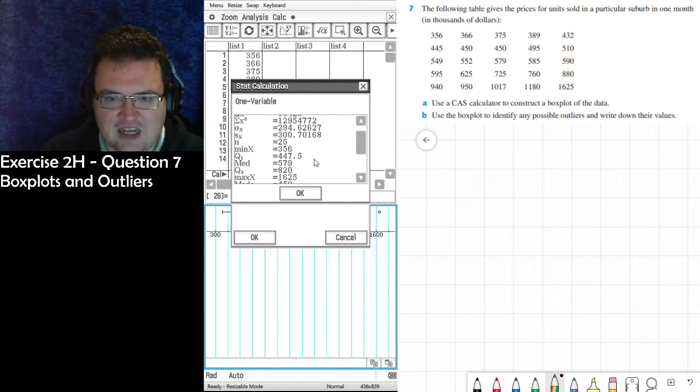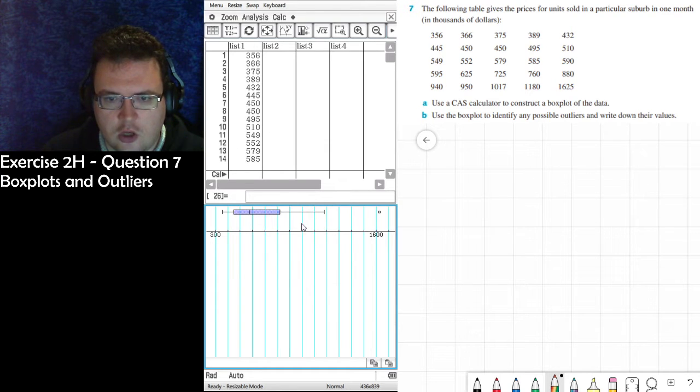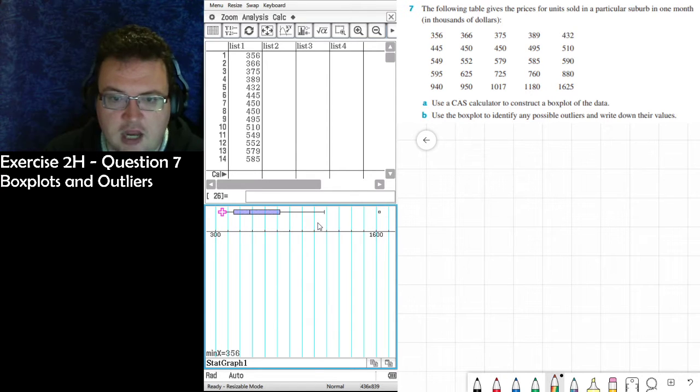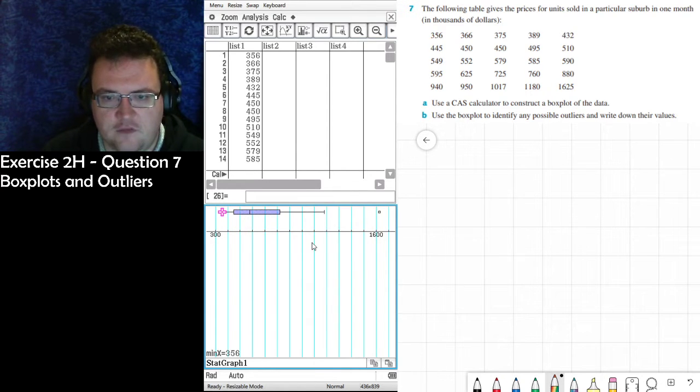All right, now what it doesn't give us is how we calculate our IQR, and how we calculate an outlier. Now looking at our data here, if I press this button here, it brings up the stat graph and the little plus sign, and I can press left and right and it will move along all the important information.